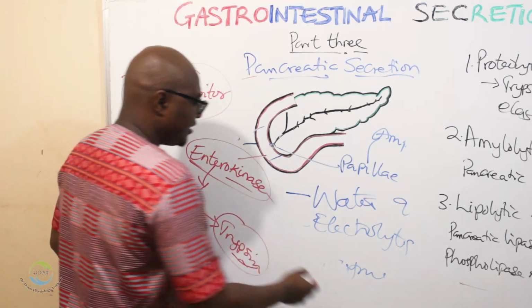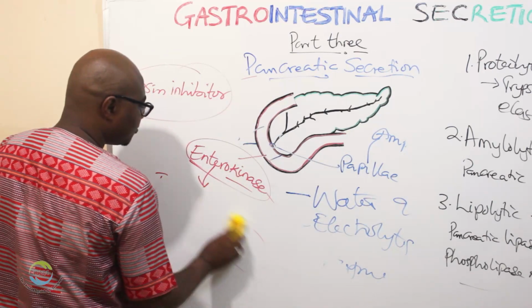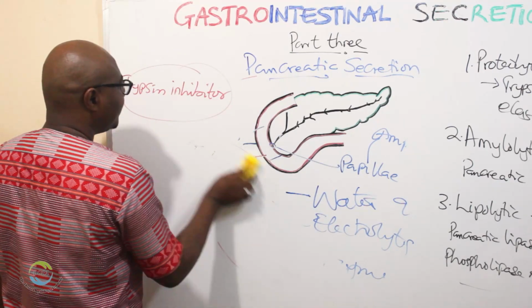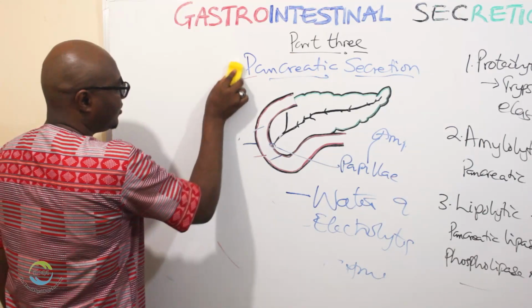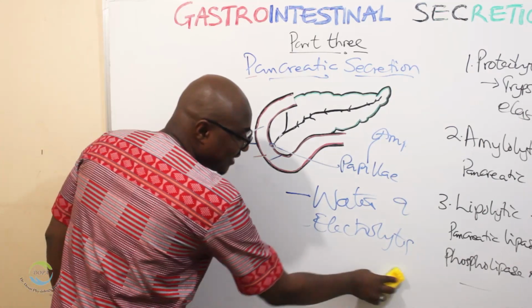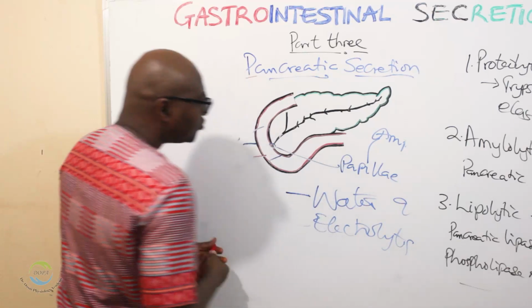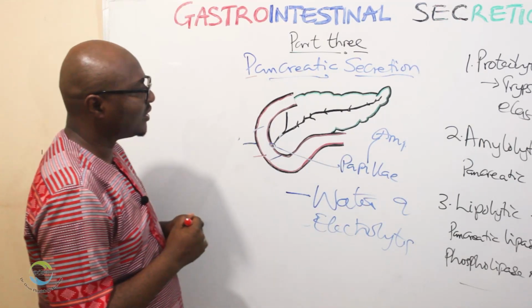And it's the vagus nerve also. Okay? The vagus nerve controls 75%, which is the parasympathetic nerve. Sympathetic inhibits. That is very easy to understand.